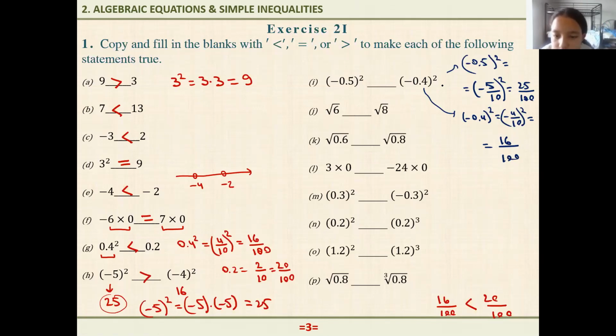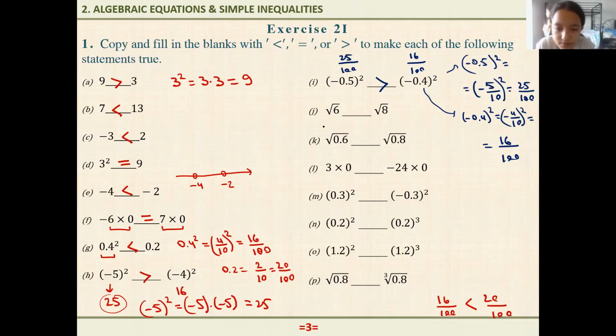Now on the left, we have 25 over 100. On the right, we have 16 over 100, right? So which one is greater? Negative 0.5 squared is greater than negative 0.4 squared. So I should put here that it is greater than this.